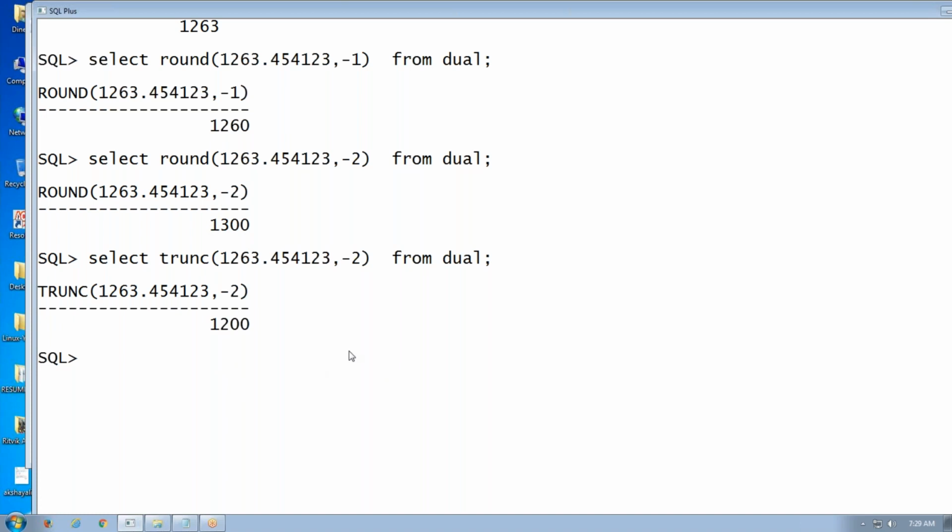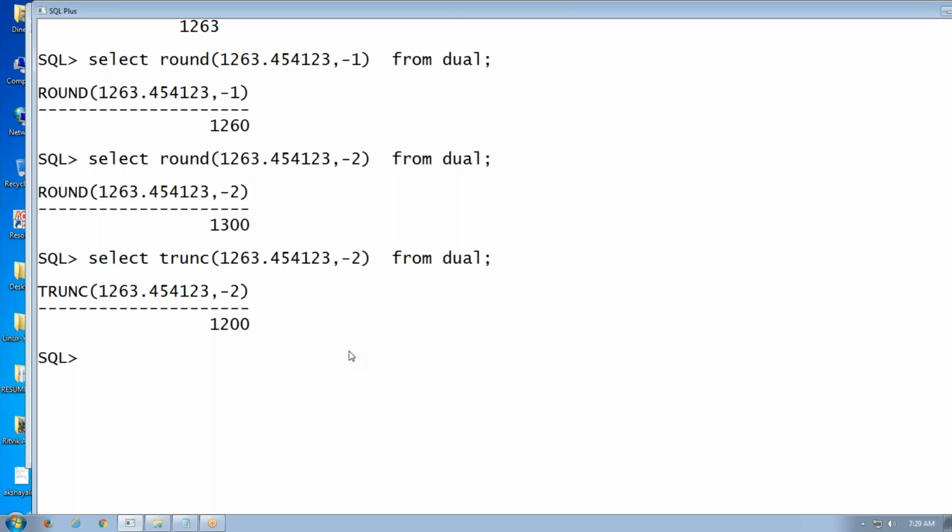Hold a moment. Suppose this is your value: 1263.554123. If I use the round function, what is the expected value? How many decimal digits do you need? We don't need any decimal digit. It will print 1264. Why? Because round is verifying the next position digit.